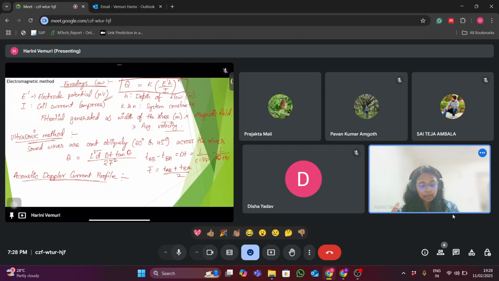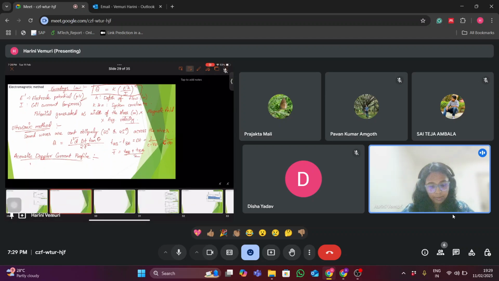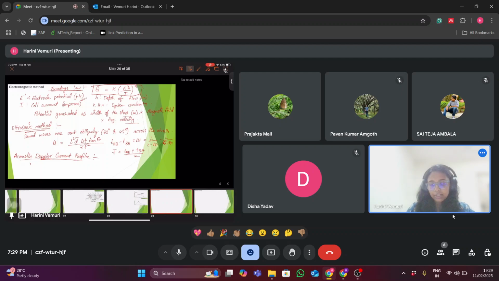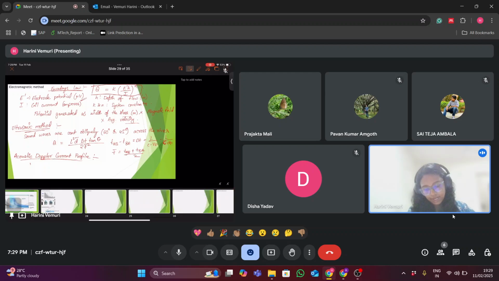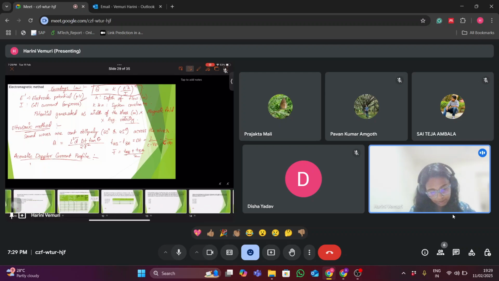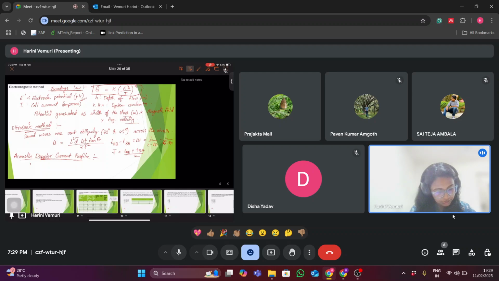So across a section and across the depth of the section, you will get the velocity. Now we have talked about different types of direct methods used for stream flow measurement, like the dilution technique, electromagnetic method, ultrasonic, and acoustic Doppler. Now let's look into a few questions.